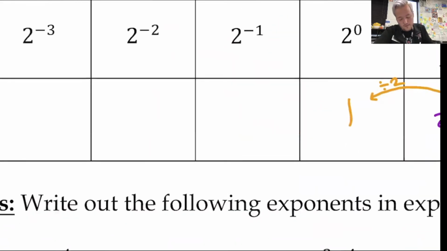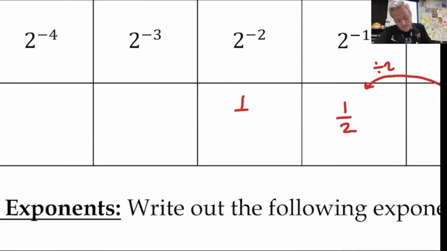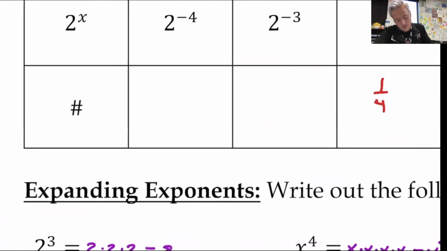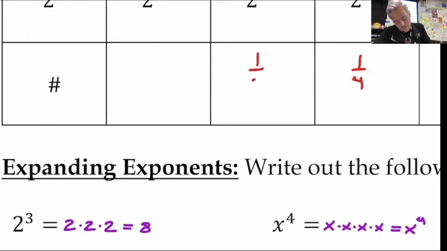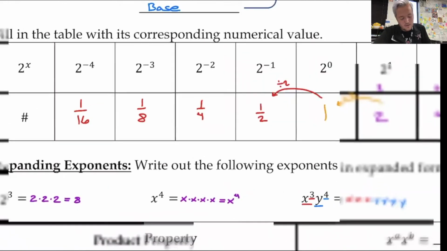Now, if I have a negative exponent here, I'm going to keep dividing by 2. So 1 divided by 2 gives you 1/2. If I divide by 2 again, you get 1/4. Then you get 1/8 and 1/16.